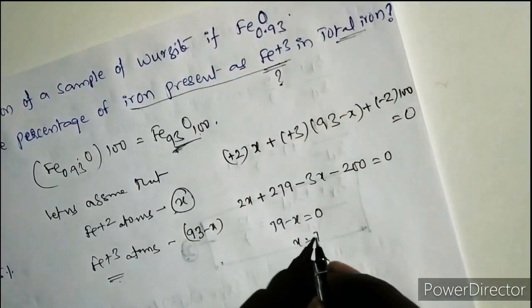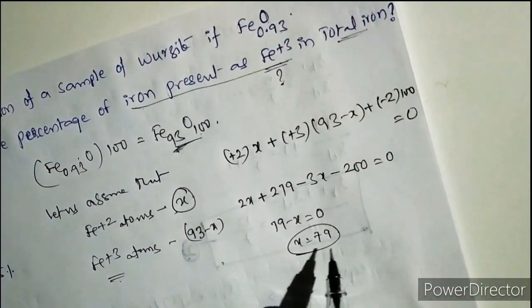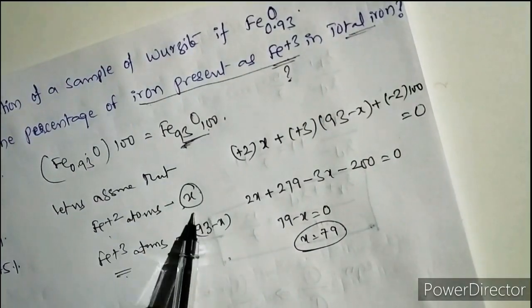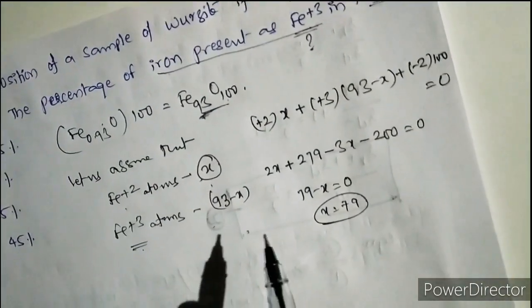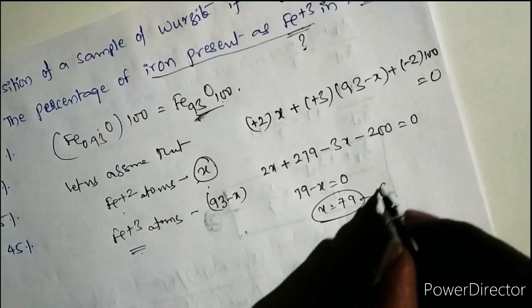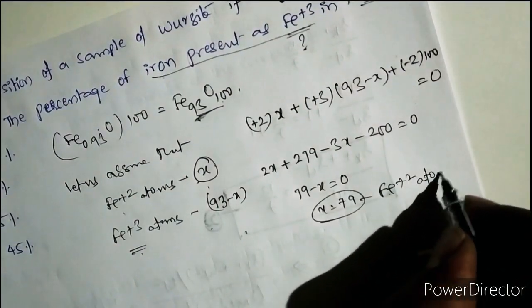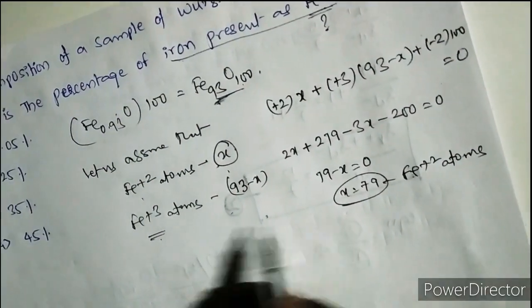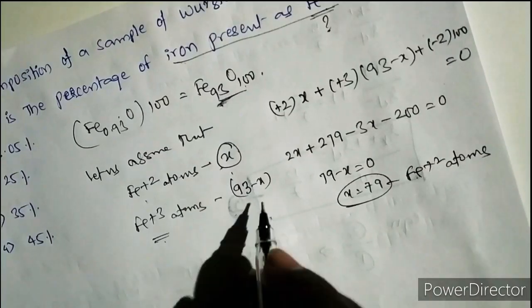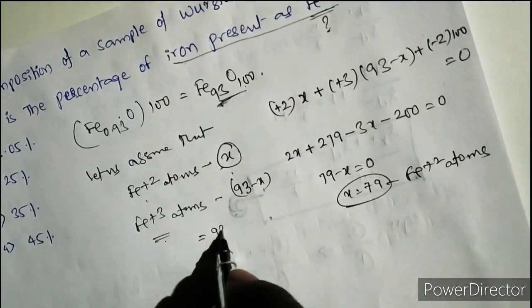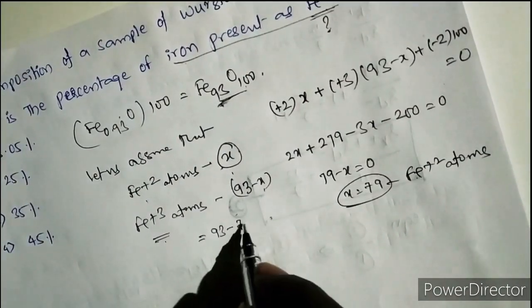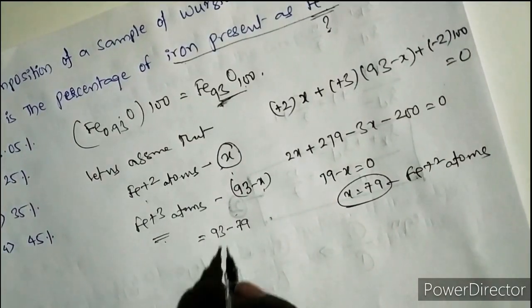Now x is equal to how much? 79. Here what is x actually? Plus 2 atoms are 79. Iron which is present as iron plus 2 atoms, you are getting 79. What about the remaining? If you want to get plus 3, you can substitute here 93 minus 79. How much are you going to get? It is 14.